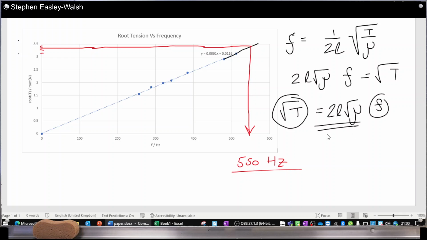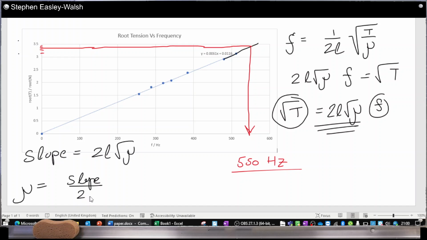So this is the slope. So the slope of the graph is equal to 2L root mu. So that means mu is the slope of the graph divided by twice the length of the string. That will give you root mu.